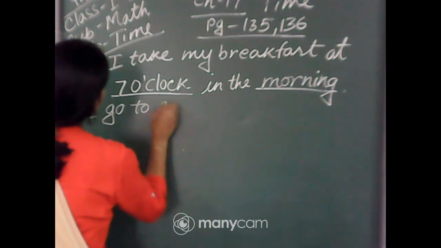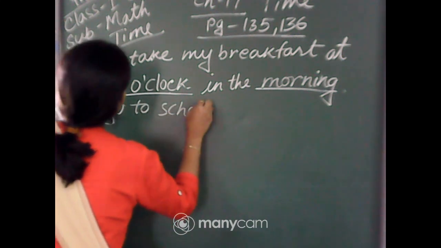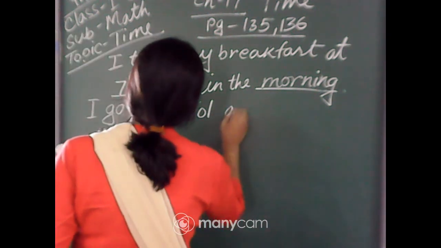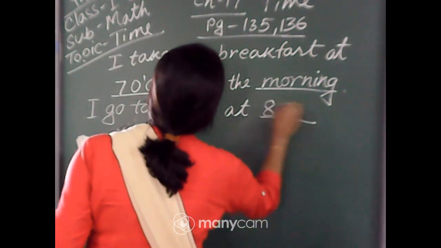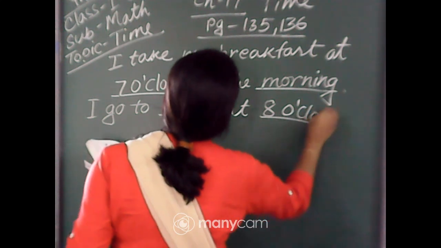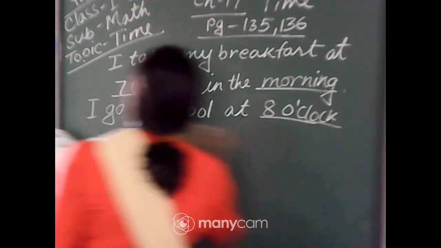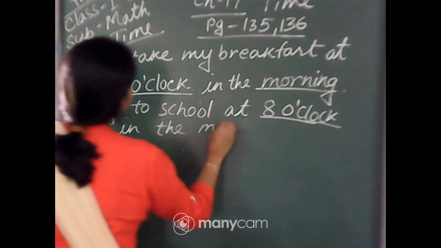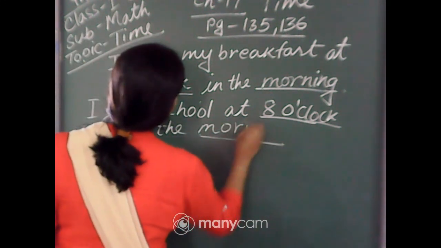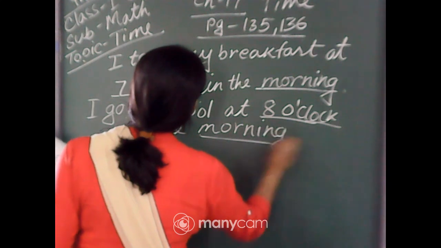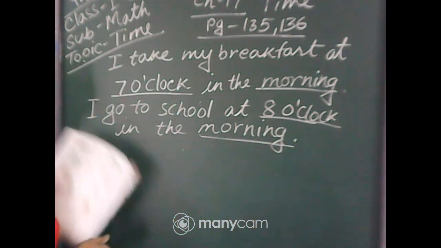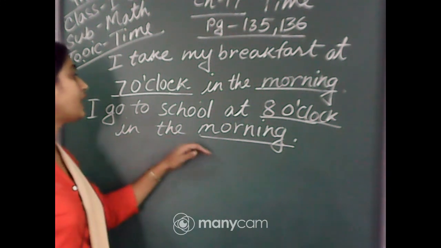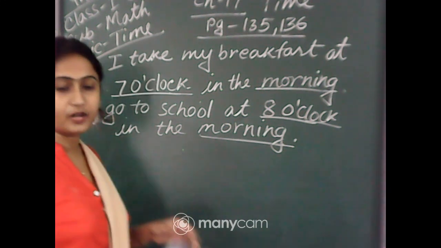I go to school at 8 o'clock in the morning. I take my breakfast at 7 o'clock in the morning. I go to school at 8 o'clock in the morning.